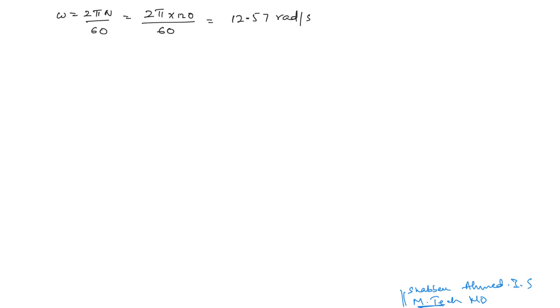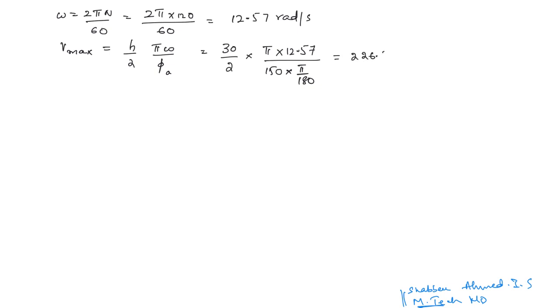We also know that Vmax for simple harmonic motion is h by 2 into pi omega by beta a, that is 30 by 2 into pi into 12.57 by 150, where 150 degrees is converted into radians by multiplying by pi and dividing by 180. That comes to 26.3 mm per second, the maximum velocity of the follower.